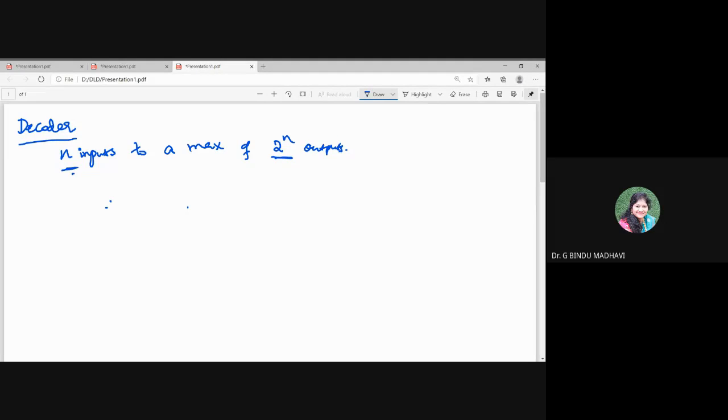That means the decoder will take n number of inputs and produce a maximum of 2 power n outputs.